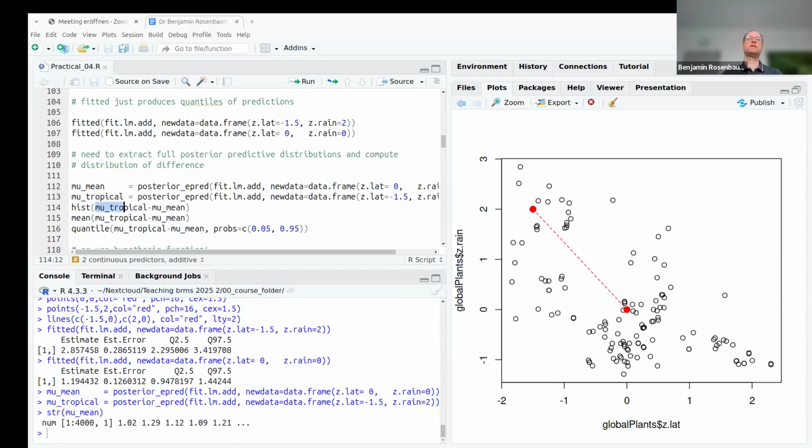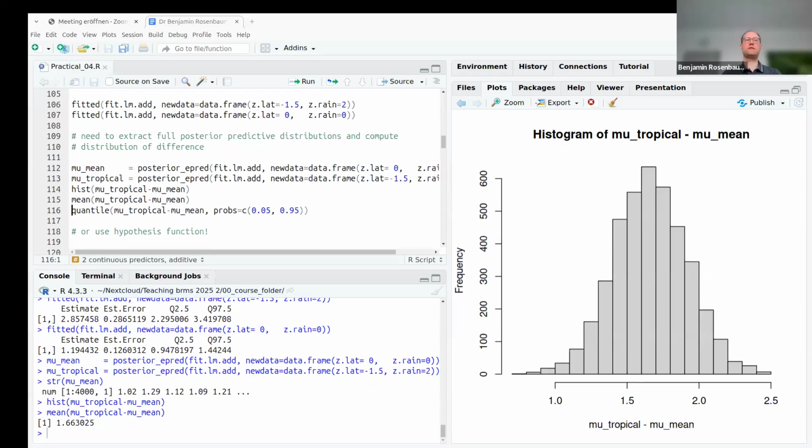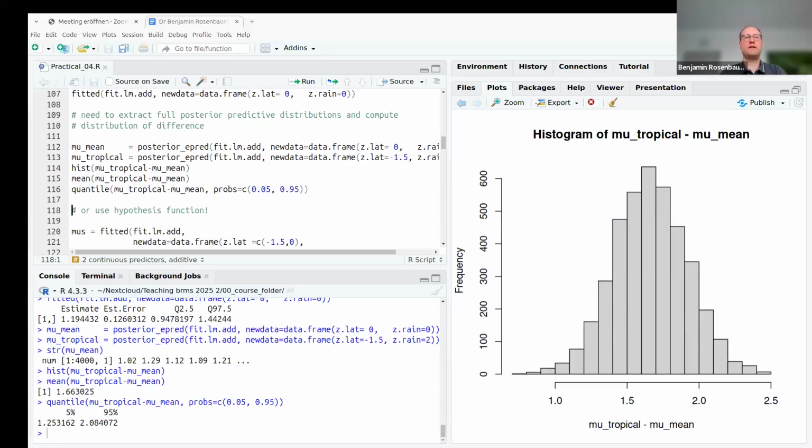So this would make these pairwise differences for each sample of the posterior distribution, and then I can look at the histogram. And I can extract the mean, or I can extract quantiles. Here I'm very certain that the difference is larger than 0, and the mean expected difference is 1.6.